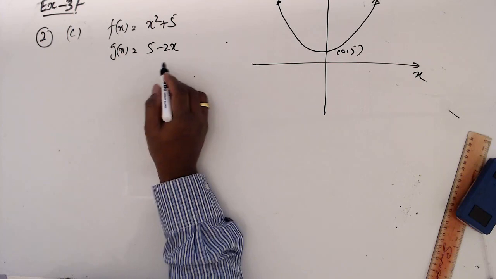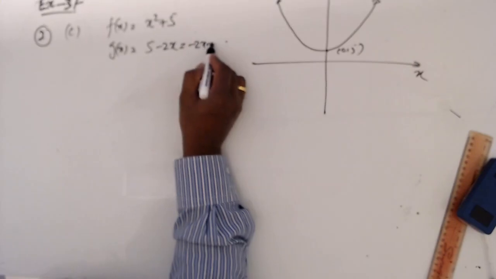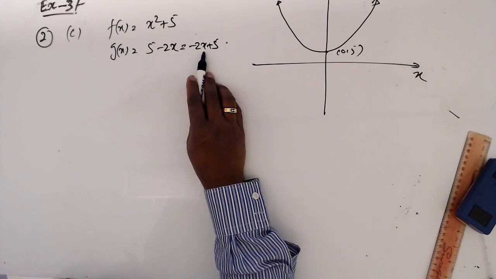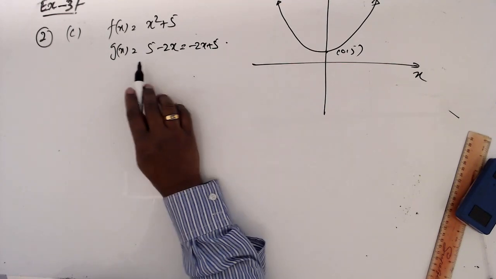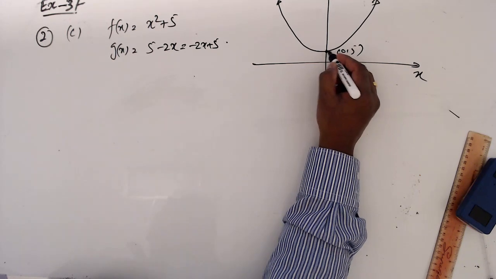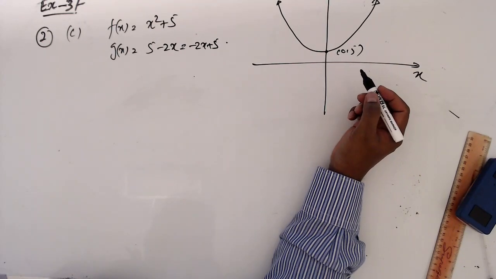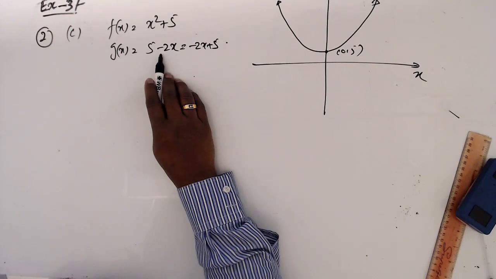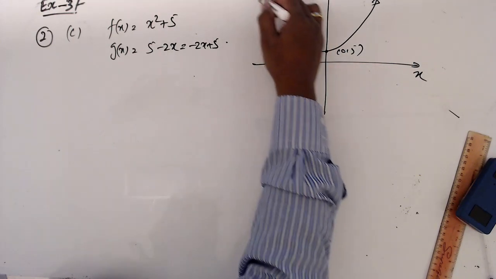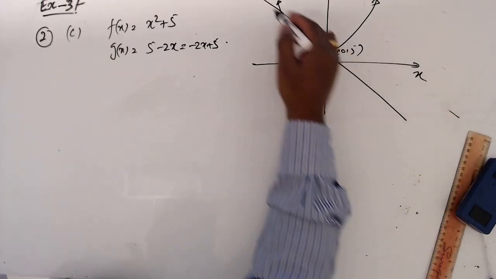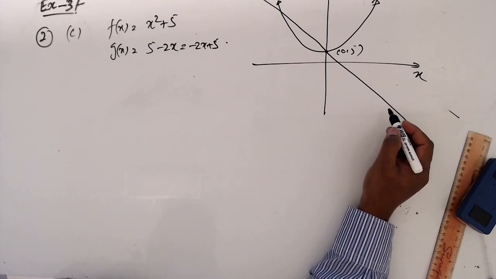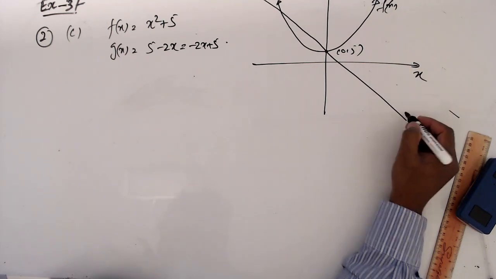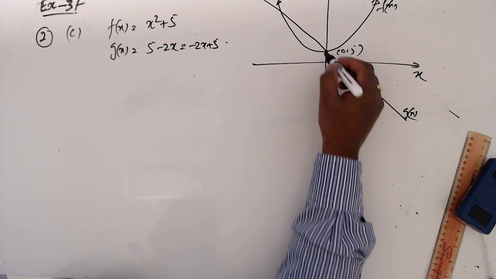And this is minus 2x plus 5. When x equals 0, it's going through this point. And this has a negative gradient, this kind of curve. So this is f(x), this is g(x).